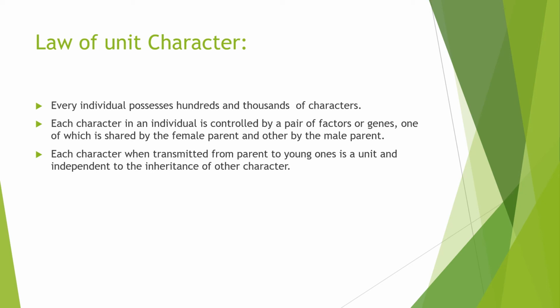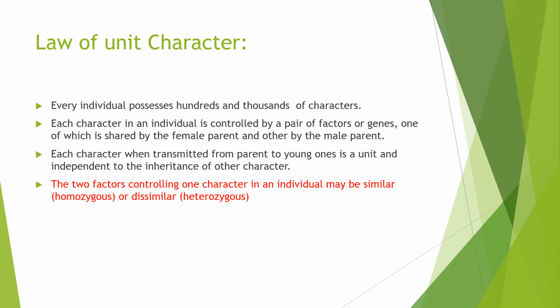How they will go and how they will form the character depends on the process of transmission. We cannot control it. The two factors controlling one character in an individual may be similar, known as homozygous, or dissimilar, known as heterozygous.